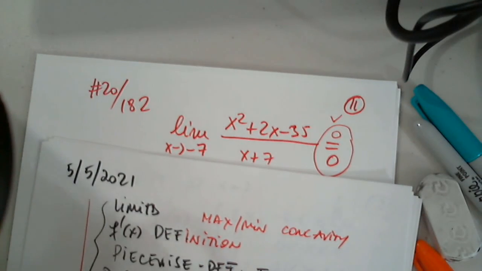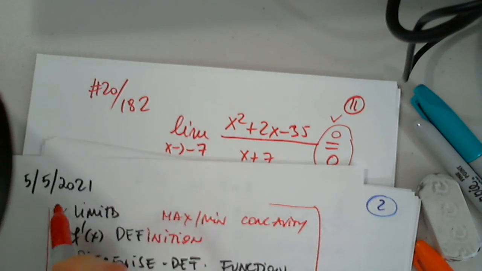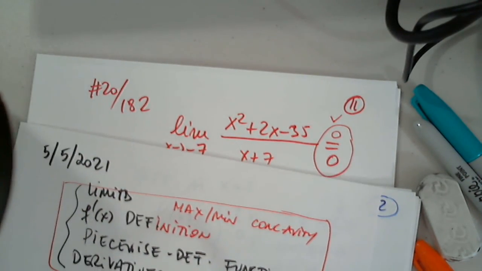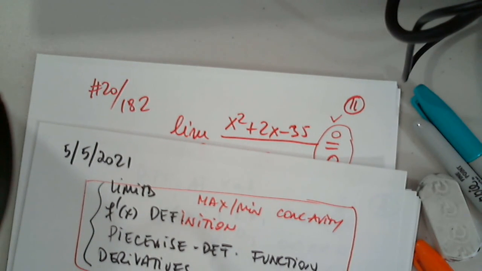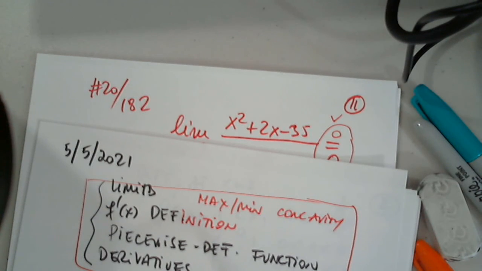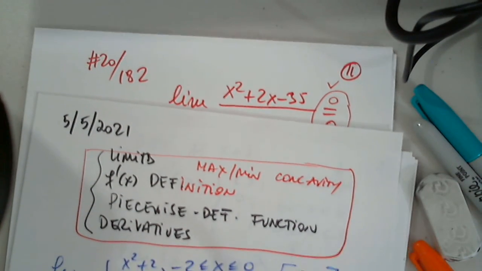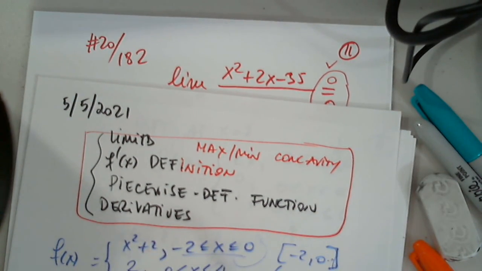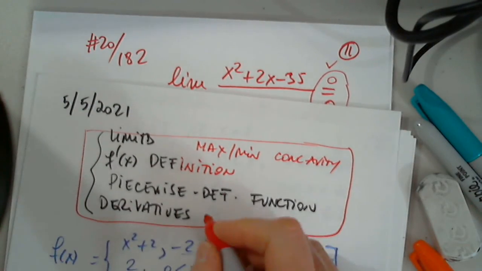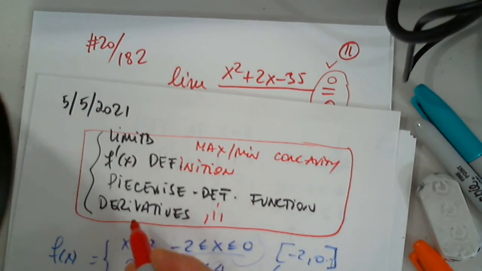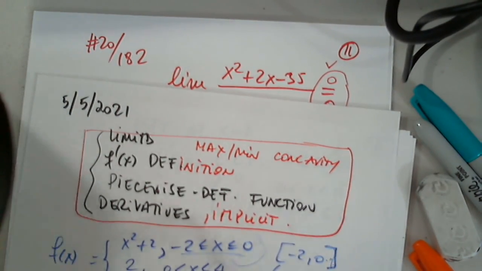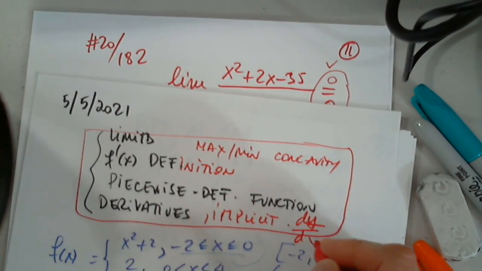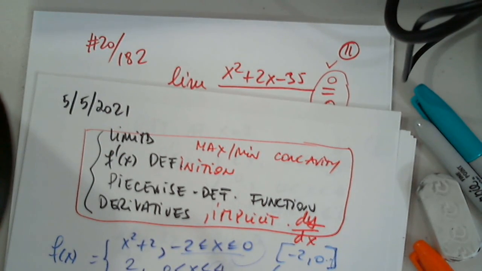Anything else that you would like to go back to? And what we just looked at, implicit differentiation, not the second derivative. Well, this is included in derivatives, but implicit. Only dy over dx. Not the second, not d2y over dx2.